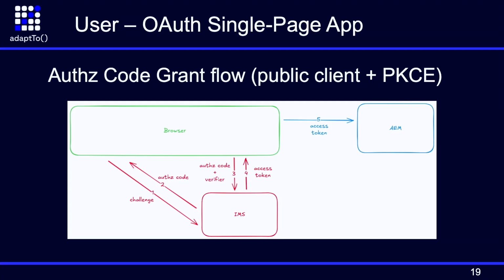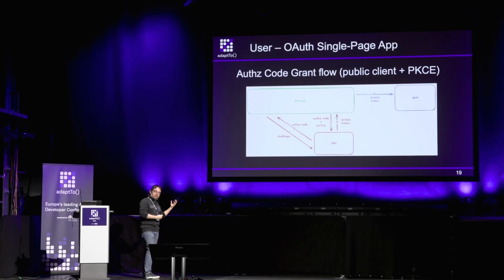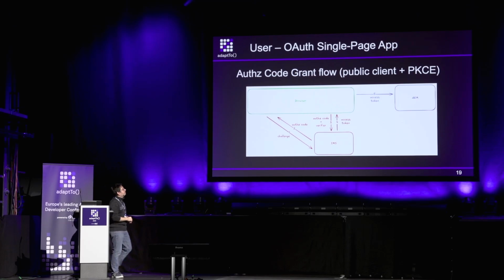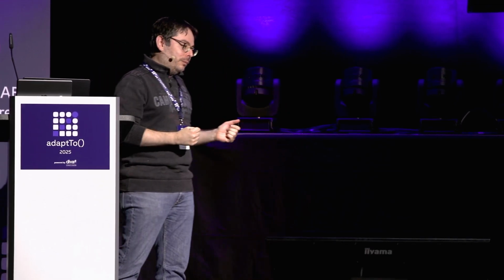The browser will negotiate the access token exactly with the same flow, and it will use that access token to access AEM. Here we see, for example, what I was mentioning before, how Adobe Developer Console did a great job in choosing the right options. They enforced the usage of PKCE, which is a stronger way to protect against CSRF, which came after.